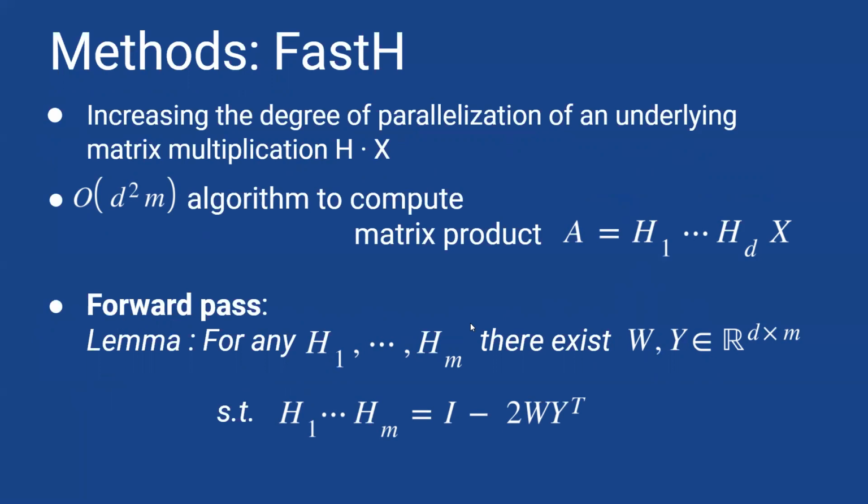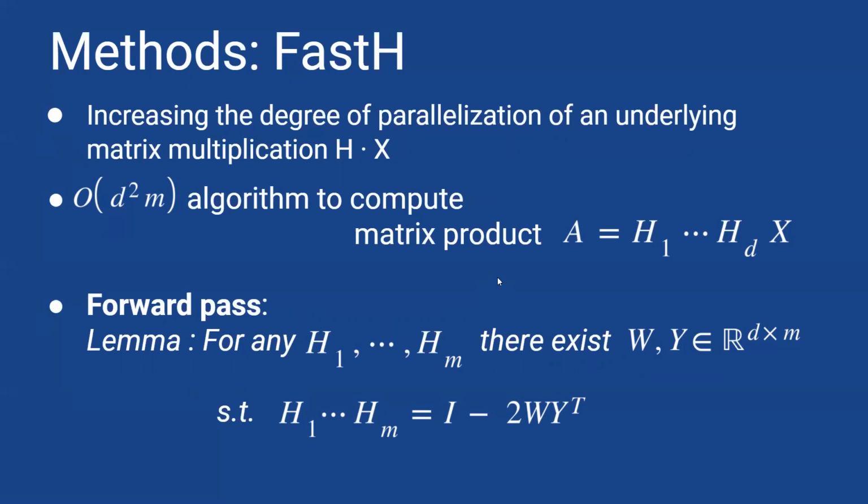They propose an algorithm that has time complexity O(d^2 m), where d is the number of Householder matrices and their dimensionality. The previous approach had time complexity O(d^3). So to construct such an algorithm, they consider the following lemma.